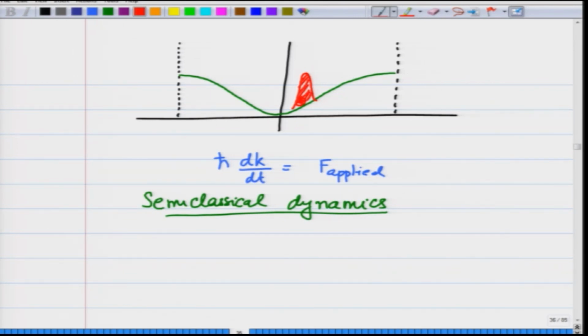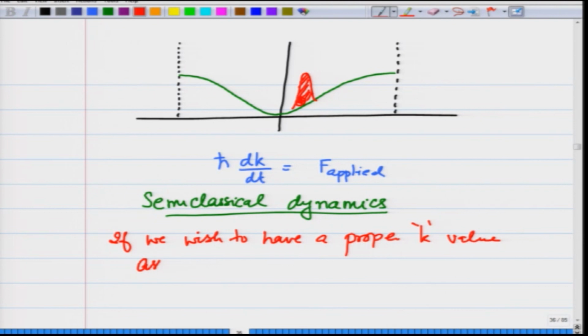And if we wish to have a proper k value assigned to it, then the spread in k should be much less than the spread of the Brillouin zone.